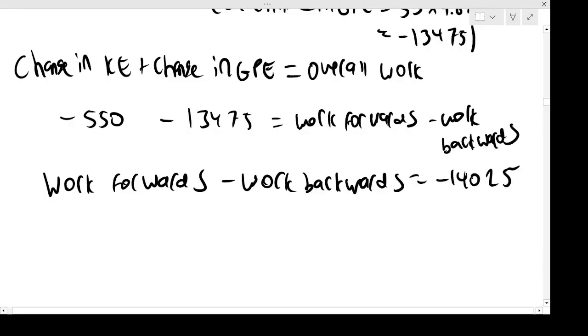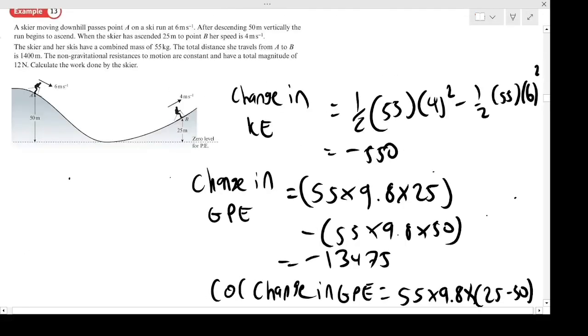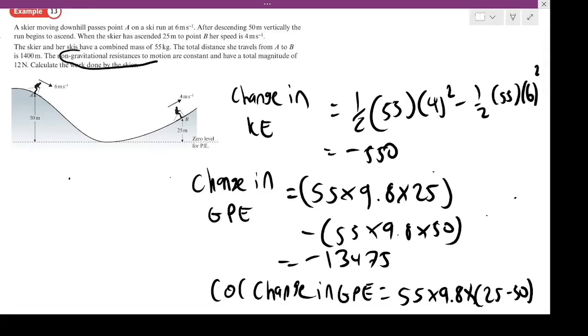Now, we are told some stuff about the force of non-gravitational resistance to motion, and they've asked us to calculate the work done by the skier. What's happening here, if you just picture it, we've got the skier. This time it is a forward force. The skier is producing a forward force to move the skier forwards.